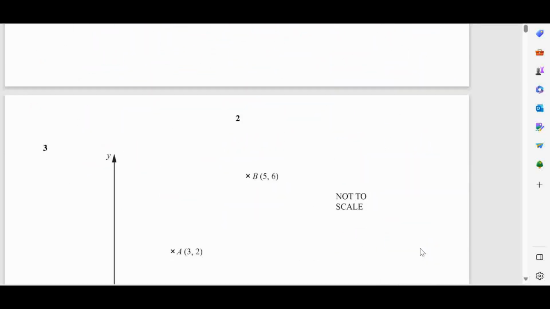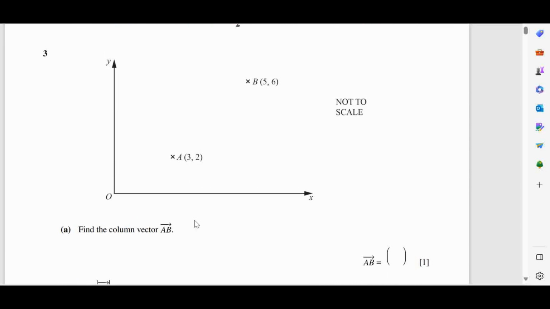Let's move to the next question. Find the column vector AB. Now be very careful about this thing, that if we have a vector AB, it means that B is the end point and A is the starting point. Whenever we have 2 points and we need to find the column vector, what we have to do is write vector AB equals end point minus starting point.